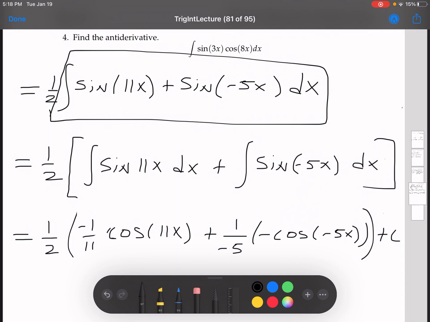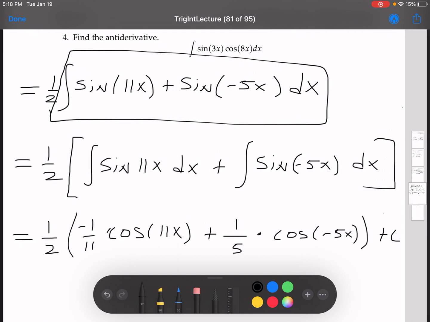All right, now dealing with these negatives here, we have a negative 1/5 and a negative cosine there, so those negatives will cancel. We'll have something like that. Oops, my bad. And there we are.